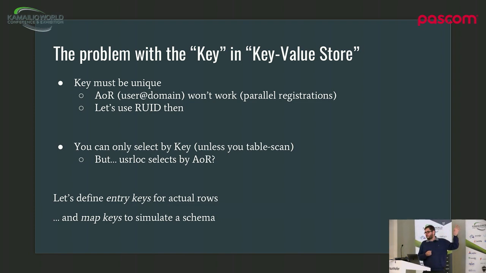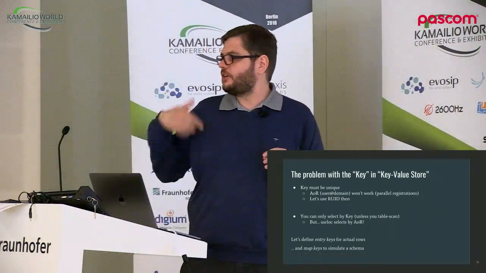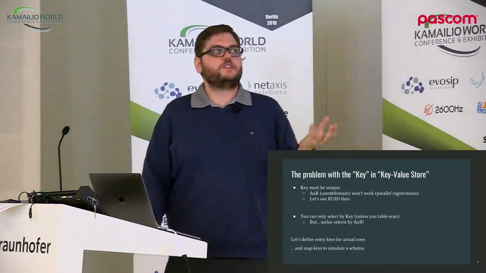As an example, when we look at the usrloc module, you can't use, for instance, a user domain as a unique key in order to store your fields like username, domain, contact, path, flags, expires, whatever, because you could very well have two different clients with the same address of record storing parallel registrations. So we thought, okay, then let's use the RUID in Kamailio, which is generated by Kamailio itself. It's a unique ID, and we could leverage that as a unique key.